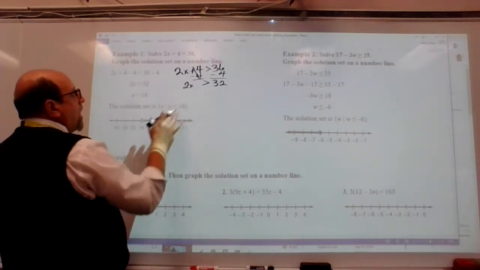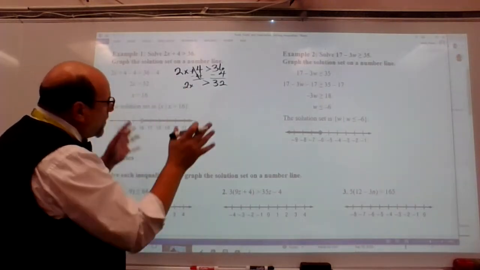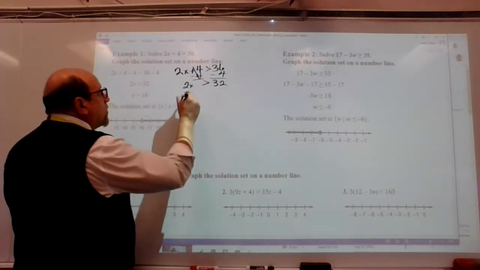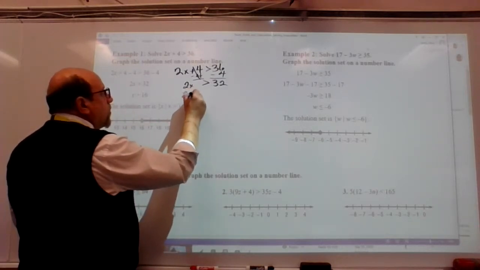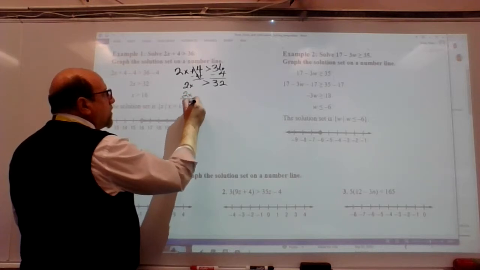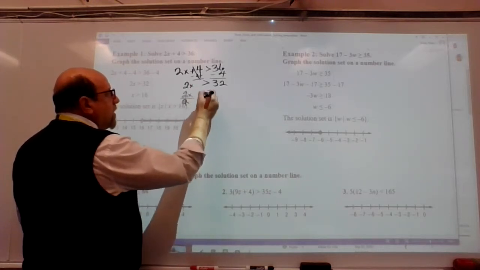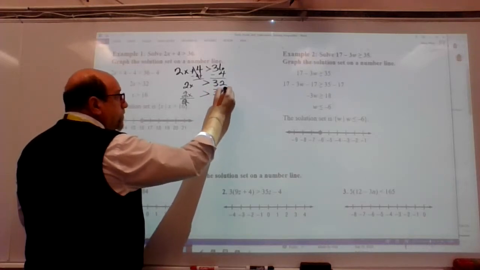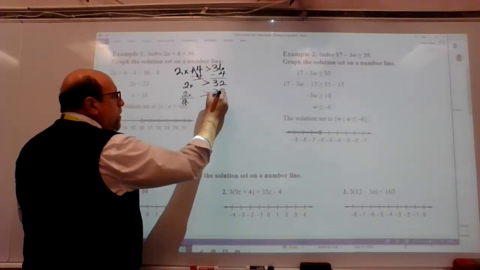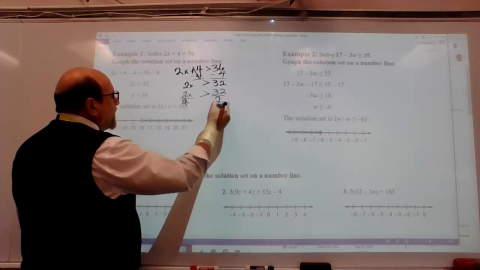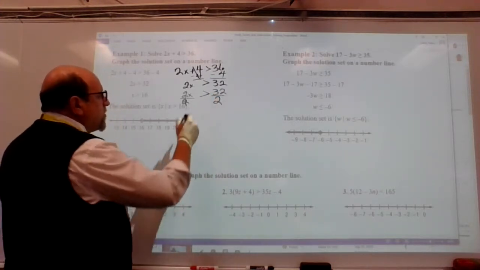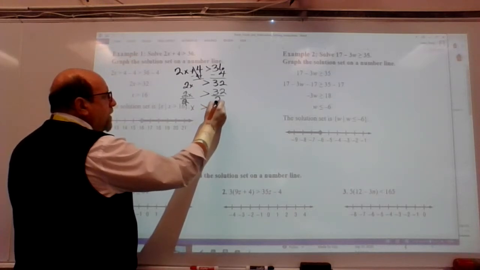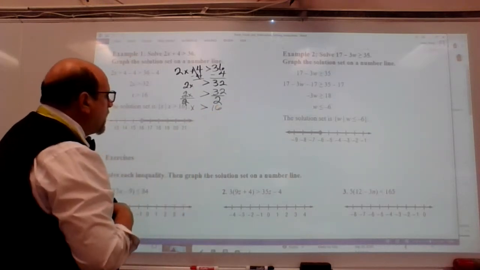We understand that yes, we divide both sides by 2 and we come up with 16, but we didn't show it, so Sokol makes you rewrite. If you don't rewrite, that's okay. You just perform the task on it. That's okay with me too, if you just write it right here. But you come up with the same answer, and you still come up with x is greater than 16, and that's okay.